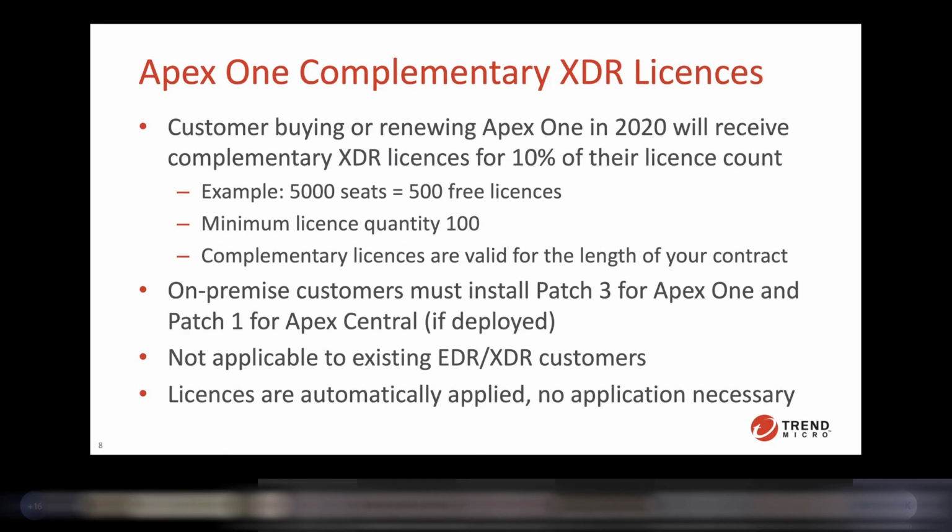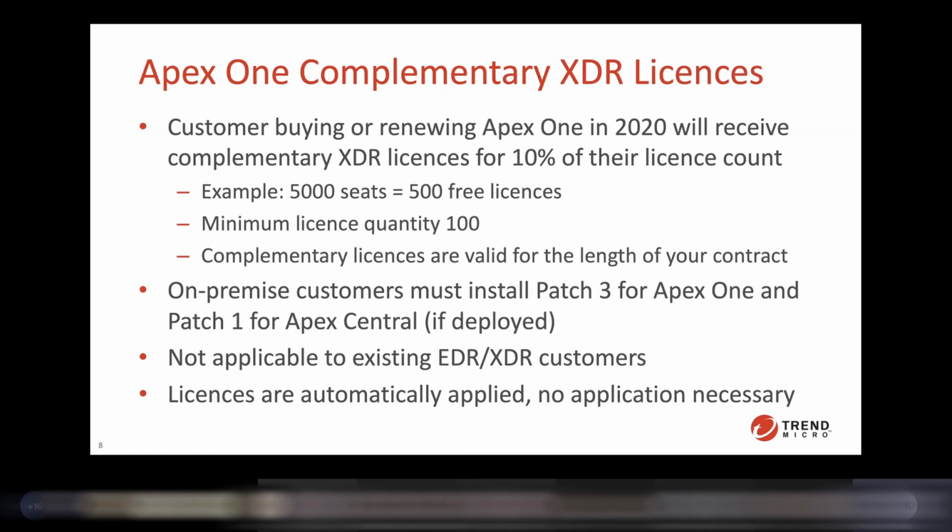The customer that uses EDR, on-prem or SaaS version, is not eligible for this promotion. If there is an Apex One SaaS customer without EDR, it is, and the XDR complementary licenses are automatically added for this customer.